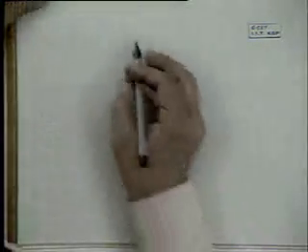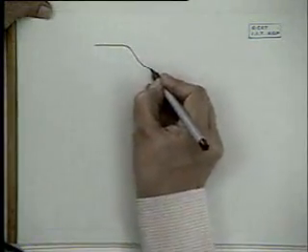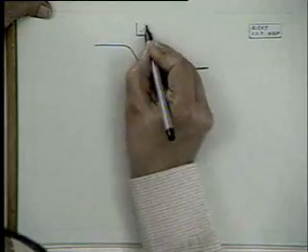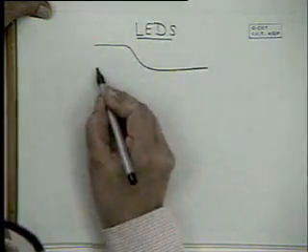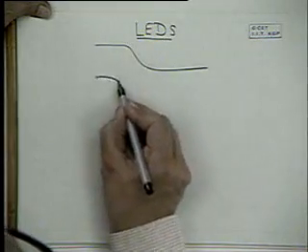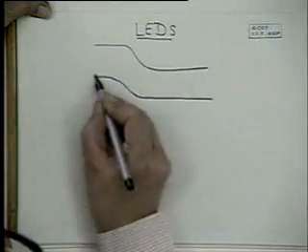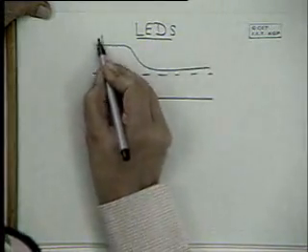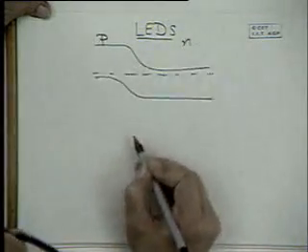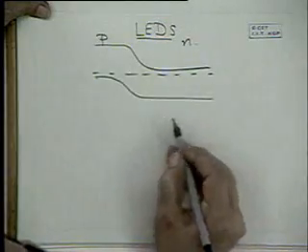Okay, let me now talk about the device aspect of LEDs. An LED is just a PN junction which is forward biased.